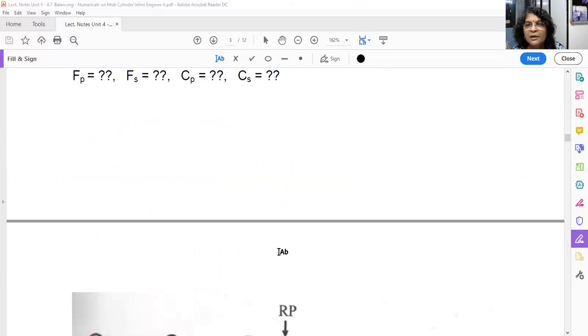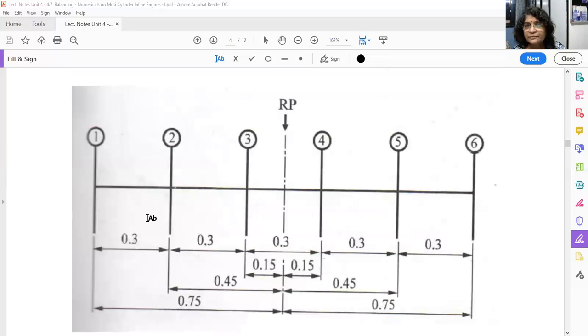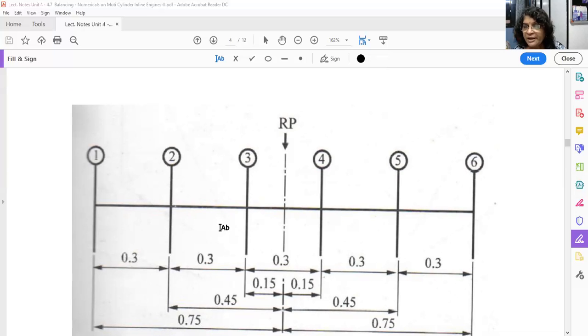Okay, so this is your configuration diagram. Okay, cylinder number 1, 2, 3, 4, 5, 6. So this is along the length of the shaft. Then there all distances are given. Every cylinder is 0.3 meter apart. Okay, now where to take reference plane?